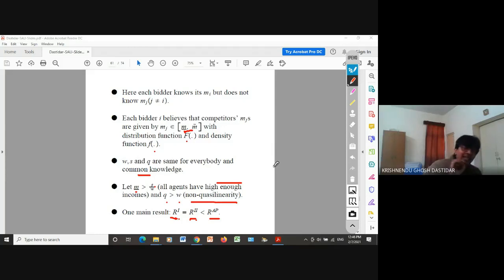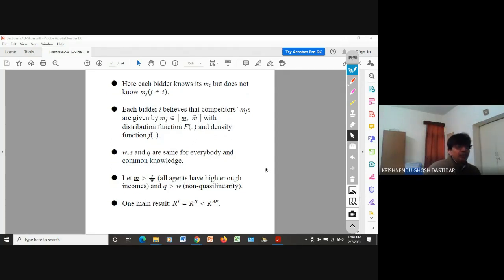This is clearly different from the benchmark model, where all auctions give the same expected revenue and revenue equivalence holds. But here it only holds partially, where I have taken the incomes to be private information.